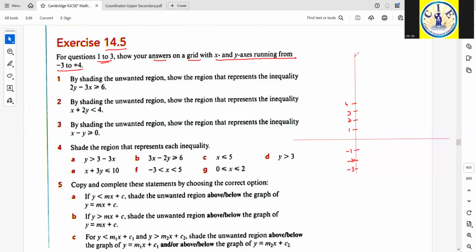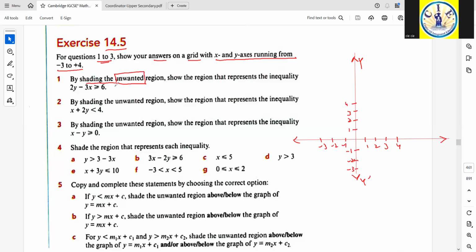Same goes for the y-axis, 1, 2, 3, 4, -1, -2, -3, and -4, though it is not required, so let me not consider it.